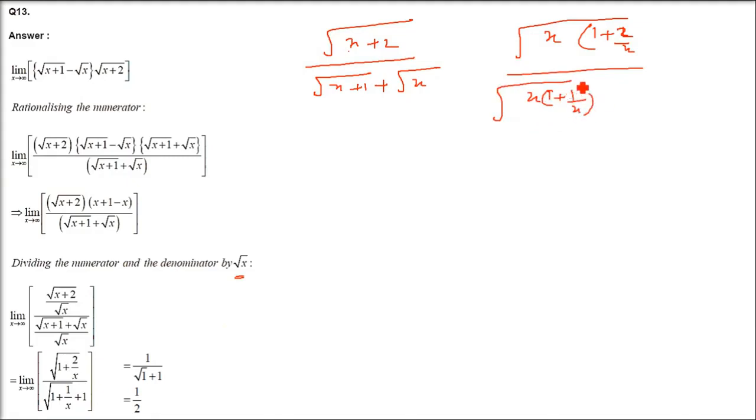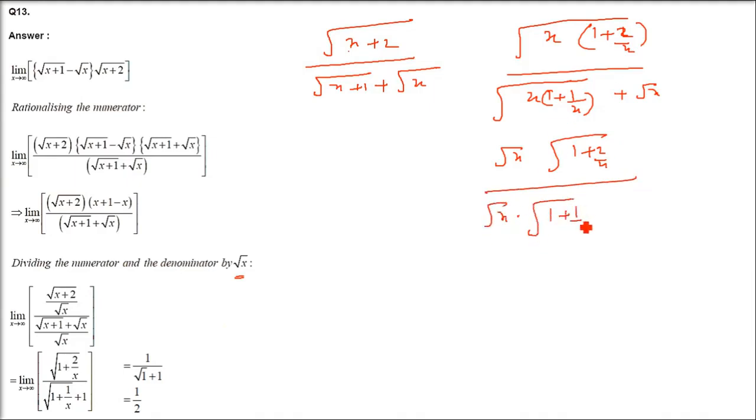Then you have this root x, let it be root x. Now you see root x is common. In the numerator you can write it as root x into under root 1 plus 2 by x, and in the denominator you have root x into under root 1 plus 1 by x, and you have root x here also.